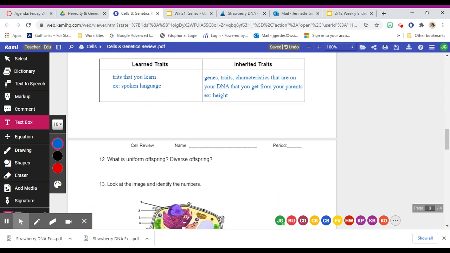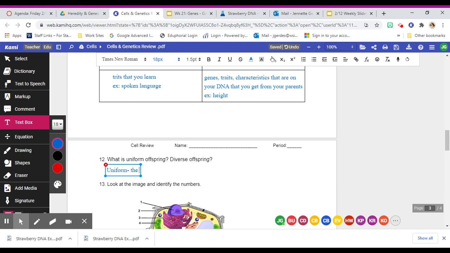Okay. What is uniform offspring? And then it asks us about diverse offspring. So I'm going to start with uniform. Uniform is like a uniform. You're all going to look similar. So uniform is the same to the parent. One parent. Remember, this would be asexual reproduction.